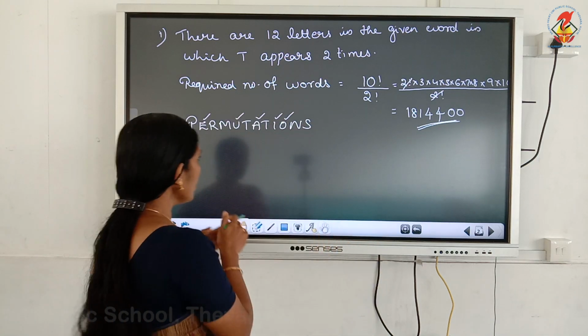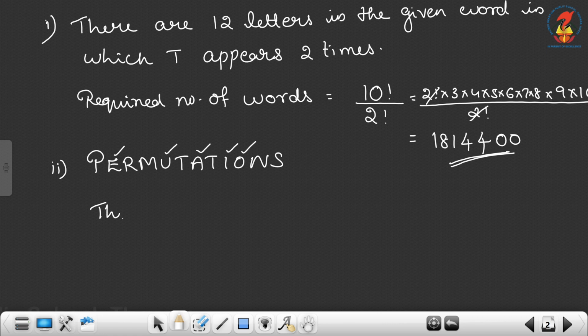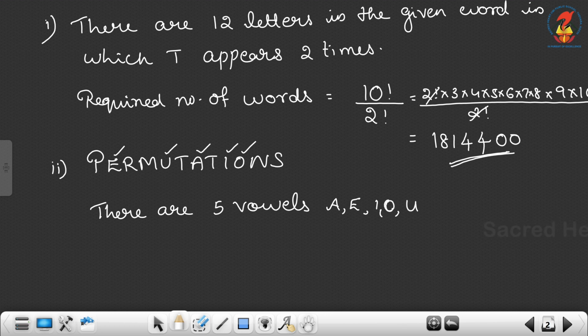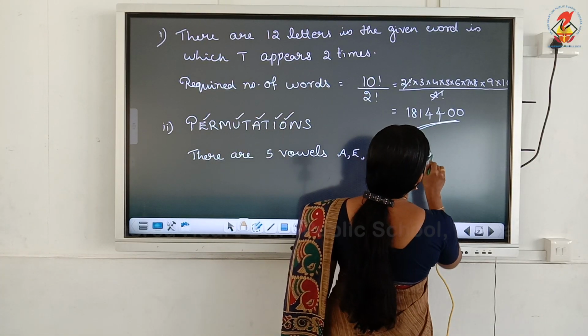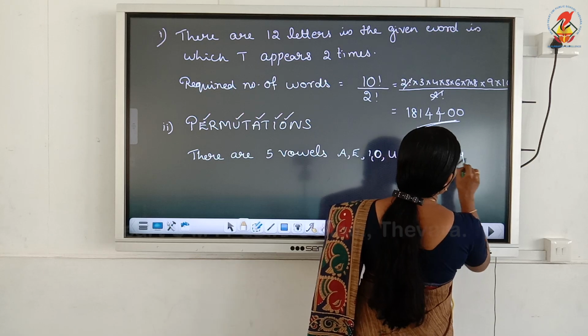So there are 5 vowels. All the vowels are here: A, E, I, O, U. All the 5 vowels are here. So there are 5 vowels and they have to occur together. The question is like that, vowels occur together.